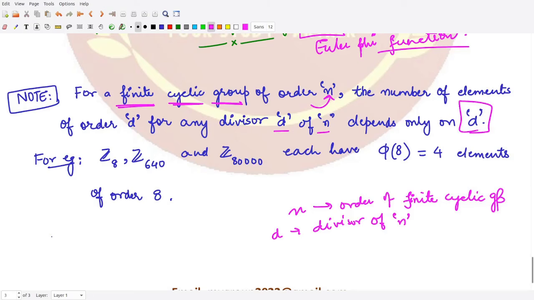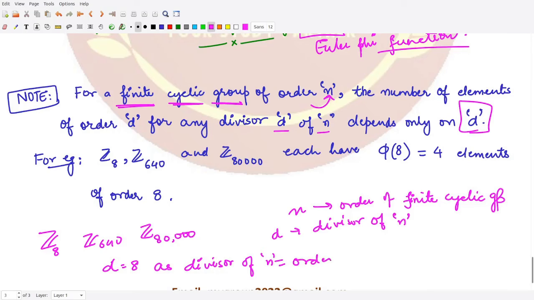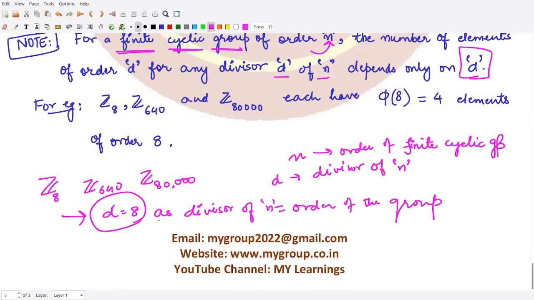How is this so? Take Z8, Z640 and Z80,000. Here d is equal to 8, which is a divisor of the order of each group. So all the subgroups of order 8 would have exactly 4 generators. Why?